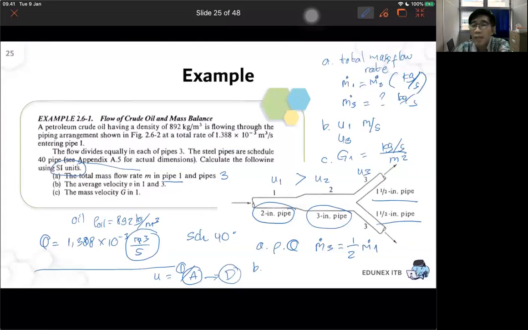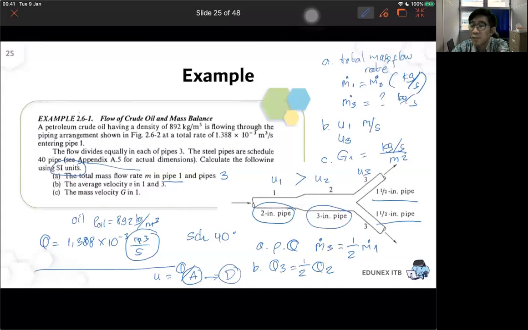Okay, and at point 3, you need to calculate first. The flow rate at point 3 will be half of the flow rate at point 2.